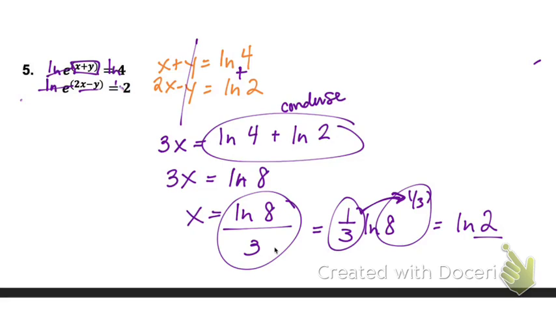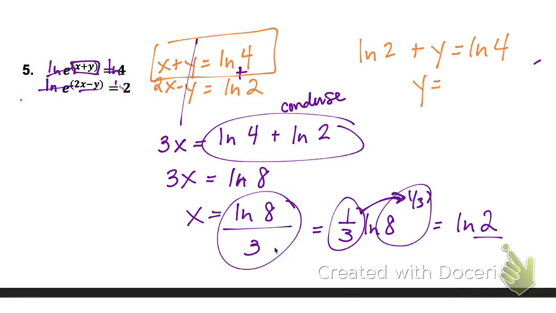Then if I want to solve for my y, I'm going to plug it back in. I'll plug it into the one that we already solved. So ln of 2 plus y equals ln of 4.